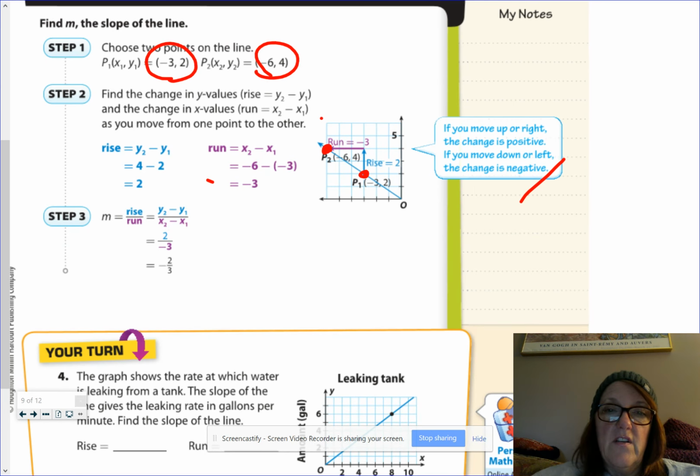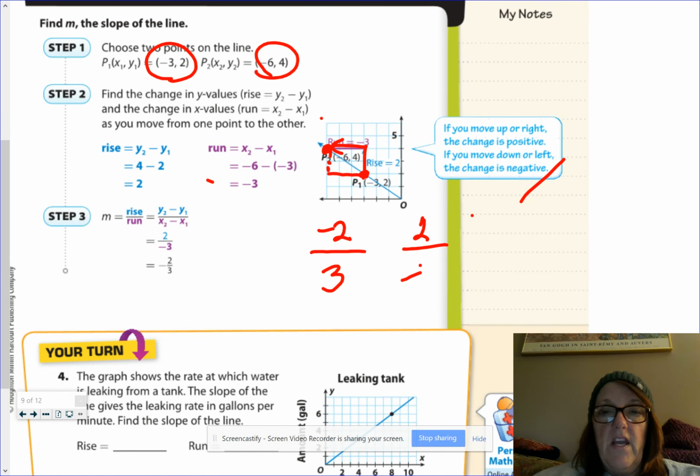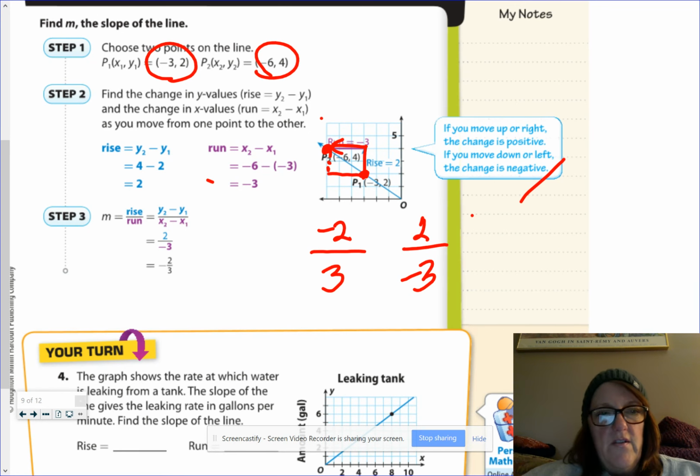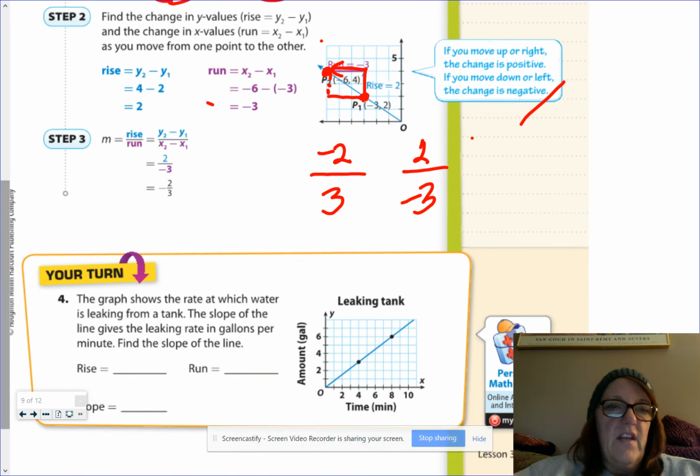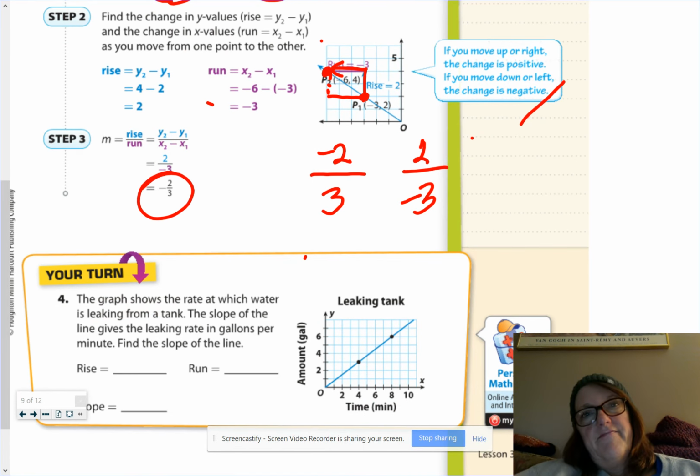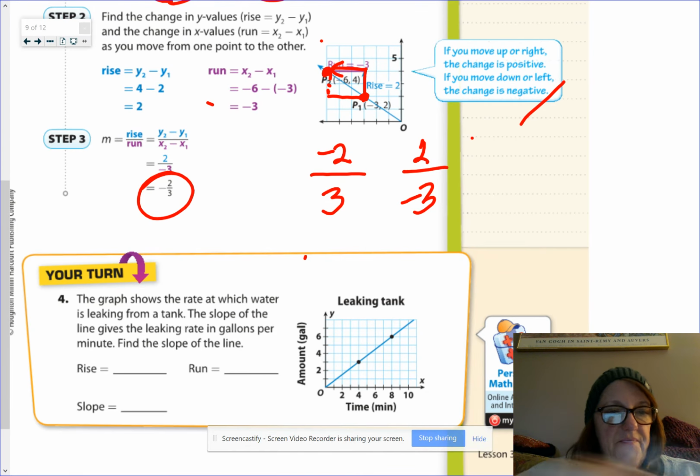If I start here, I'm going to have to go down 2 and then to the right 3. If you started at this one, my rise would be +2, but my run would be -3. Regardless, these are all equal to each other, so it doesn't matter. You're all good, okay? It's all good. Slope is -2/3.